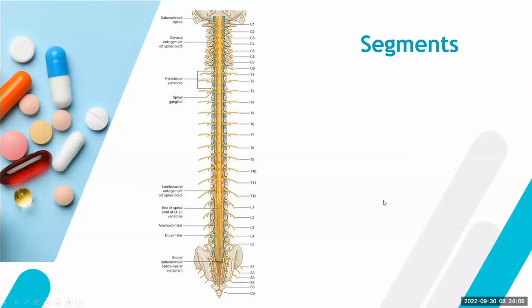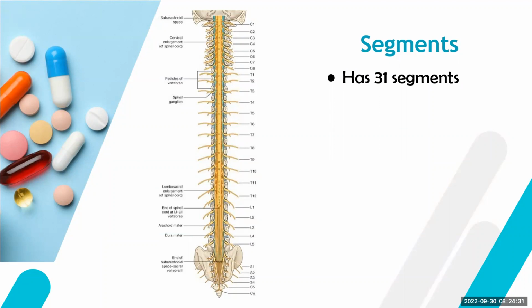Now, the spinal cord is segmented. It has 31 segments, and we discussed that earlier. We have 8 cervical instead of 7, because we have 7 vertebrae, so we have one more segment. So we have 8 segments.